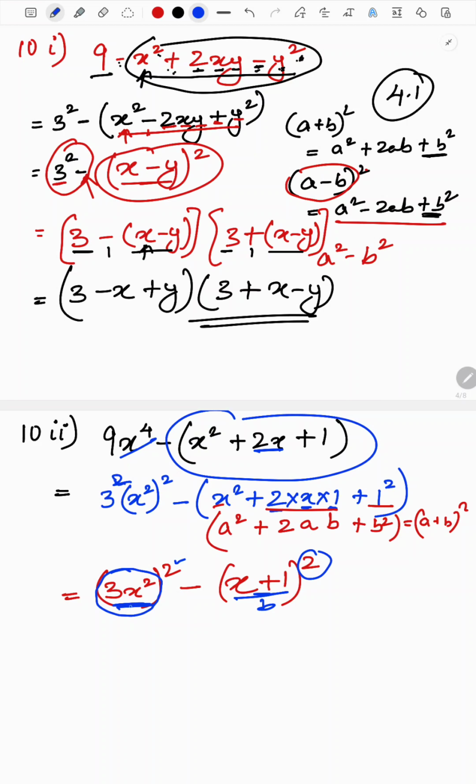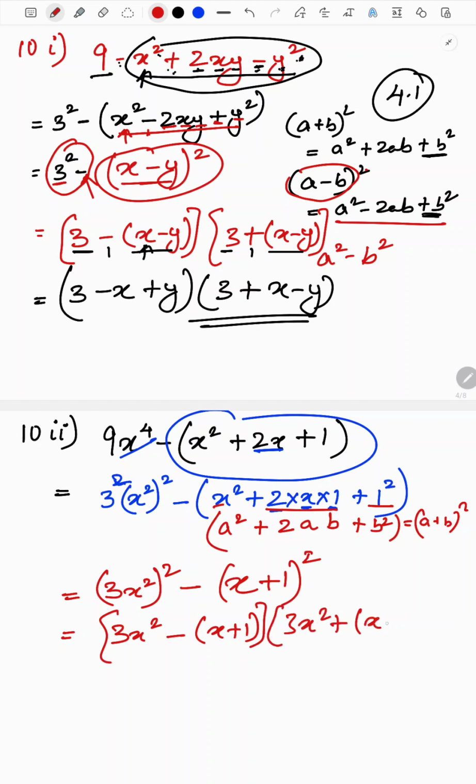So now this can be solved: I can rewrite this as a minus b into a plus b, where 3x square is a and x plus 1 is b.